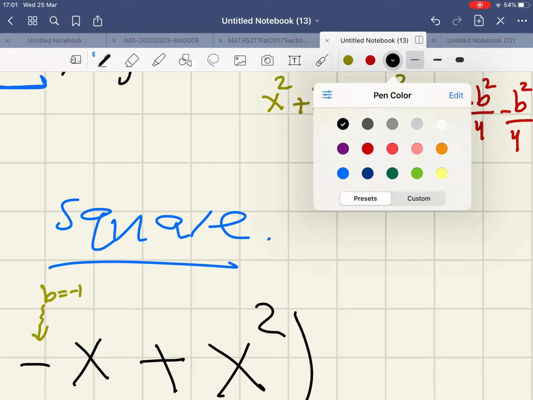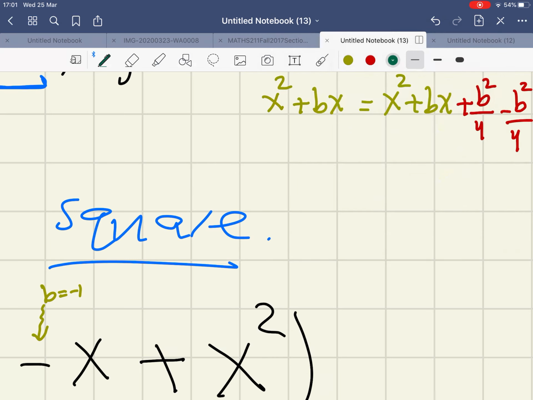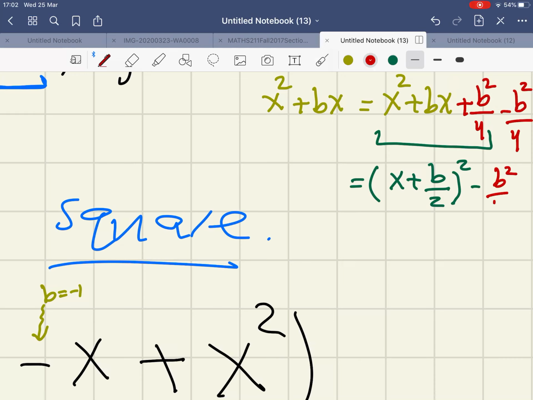Because if you do this, those three together will be a complete square. It will be just x plus b over 2 square minus the red one here, b squared over 4. And that will help me in doing the right substitution, something square minus a number.